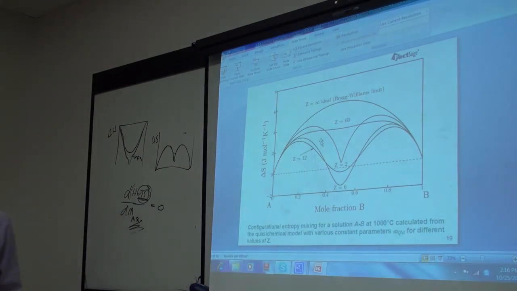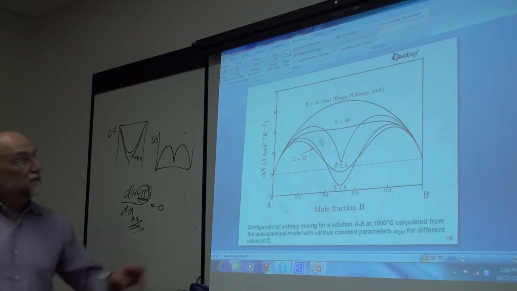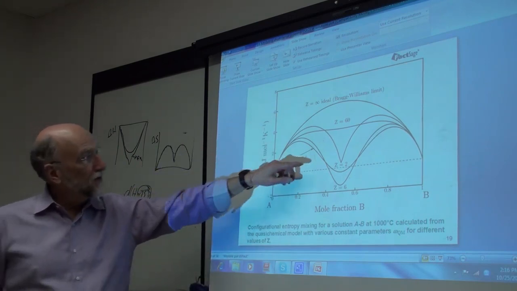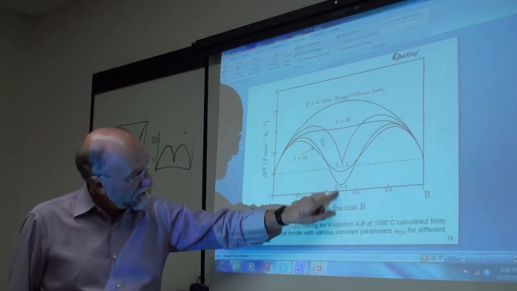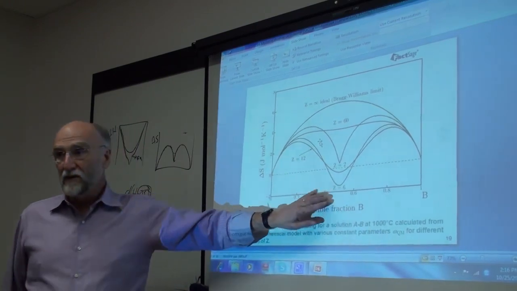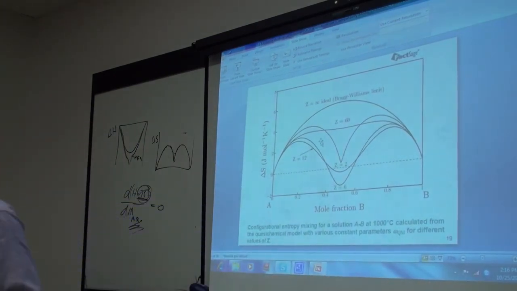But we tended to use Z as 6 or 8 or 12 or something like that, which gave us the rounding we wanted, and it didn't make that big a difference, but the entropy isn't quite kosher. The trouble is, if omega is very, very negative and you use Z greater than 2, this really becomes quite negative here. You don't really want that, so it goes back to the fact that you can't have everything.